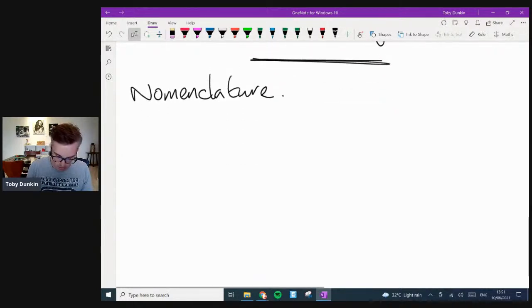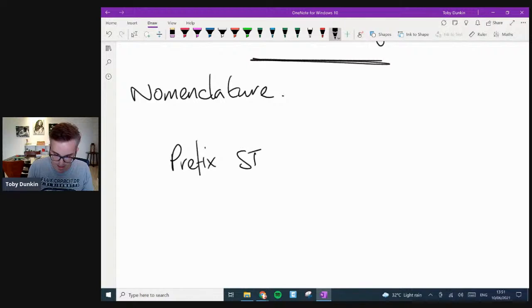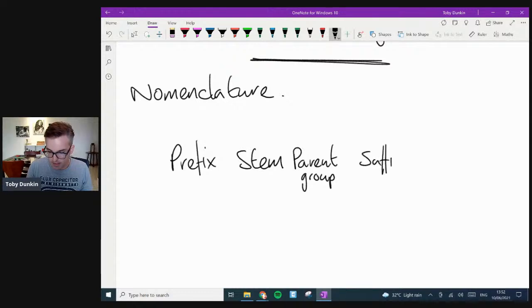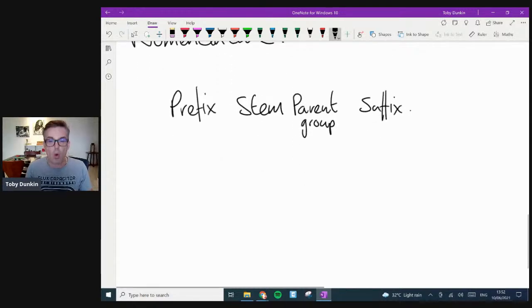You have what's called a prefix followed by the stem, followed by parent family, parent group, followed by suffix. So there are 4 parts in an organic name. Now, what we have done so far is the stem. Now, the stem is the longest chain.